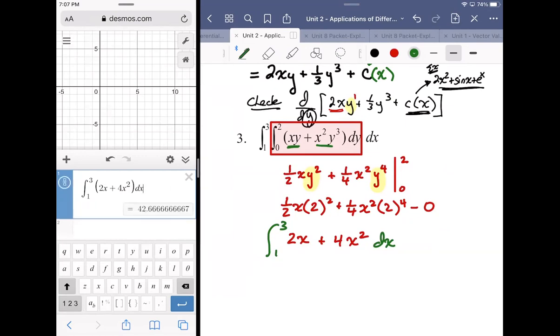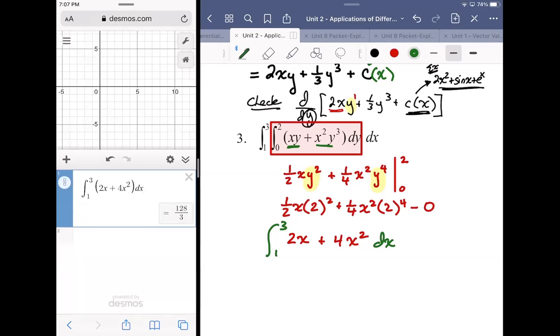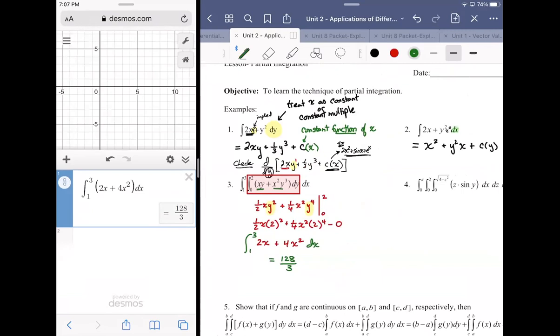If it gives you something that's fractionable, just for the sake of having something easy to type in on Blackboard if you're taking a test, I would recommend converting it to a fraction and going from there so you don't have to worry about rounding.